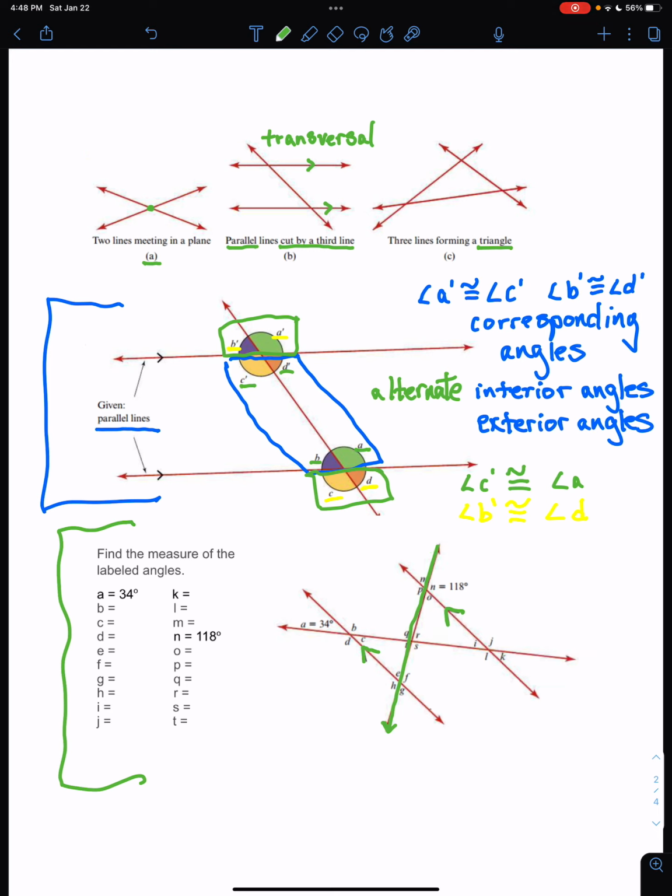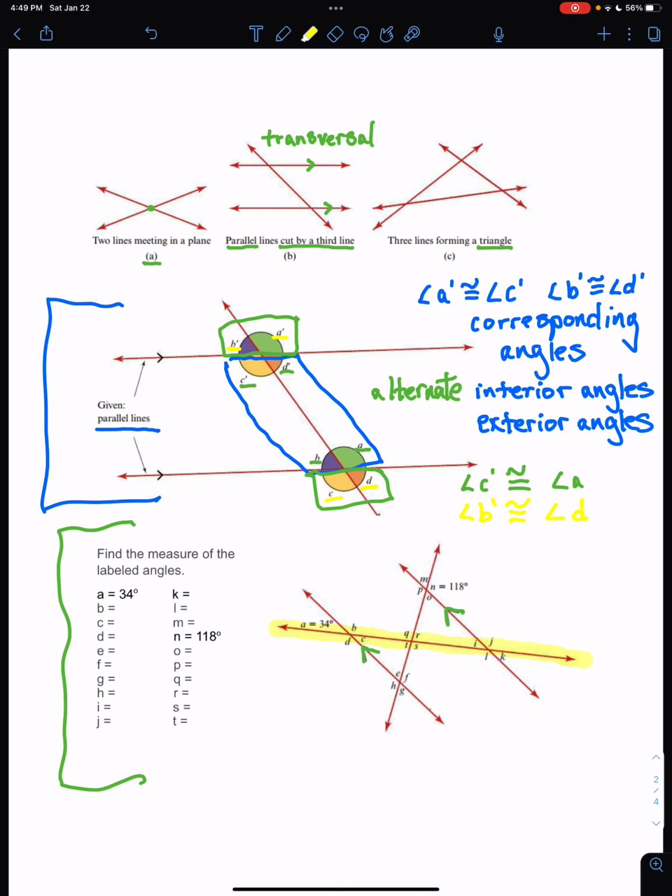Let's start by looking at this. I'm going to highlight it so we can all see it. The transversal that I have highlighted in yellow.